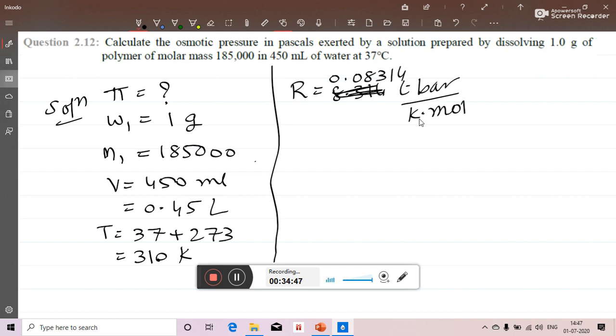Now we have to find it in terms of liter Pascal. So what we have to do is multiply 0.08314 with 10 raised to 5, because 1 bar is equal to 10 raised to 5 Pascal. So that will be equal to 8.314 into 10 raised to 3 liter Pascal per Kelvin per mole.